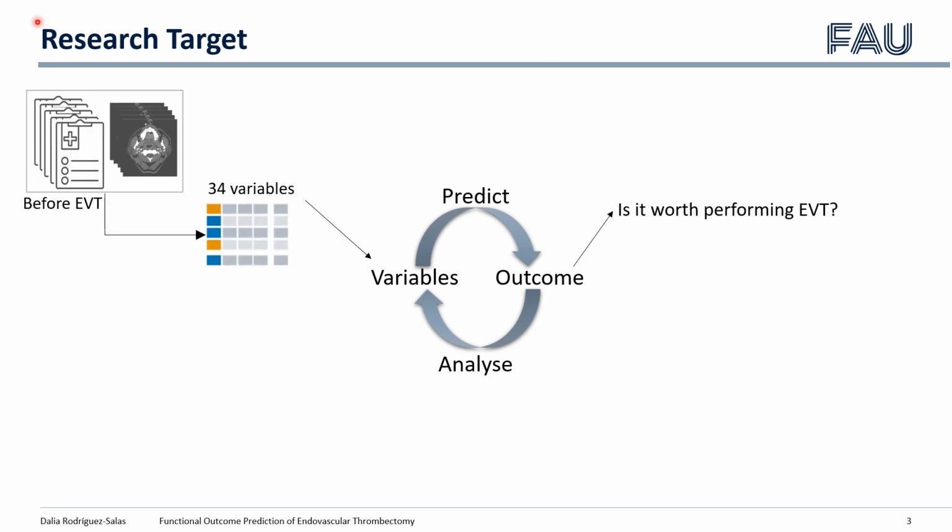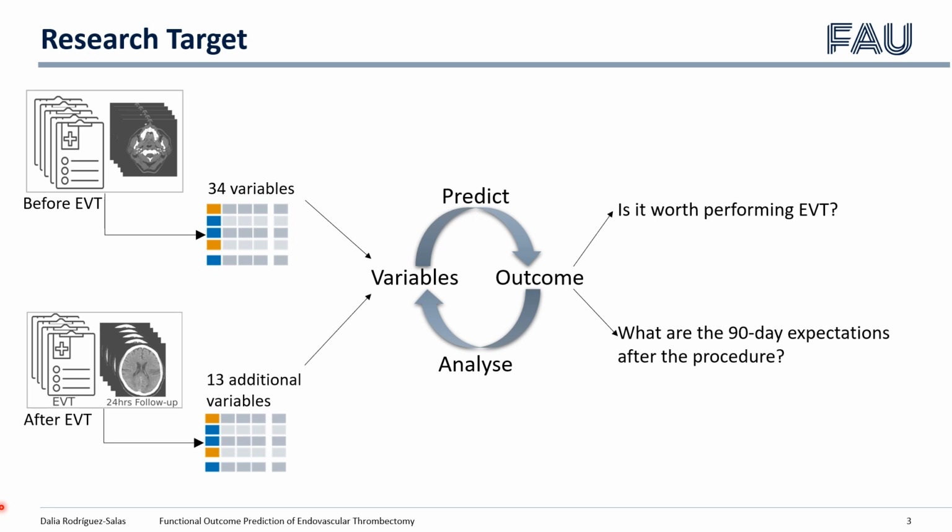Before the thrombectomy, we use 34 variables extracted from patient data, clinical data, and image data. The image data was extracted from CT scans. We want to predict whether it is worth performing the thrombectomy in accordance with the expected functional outcome.